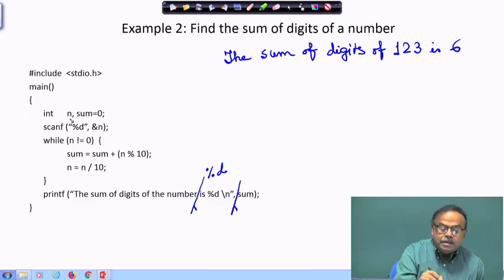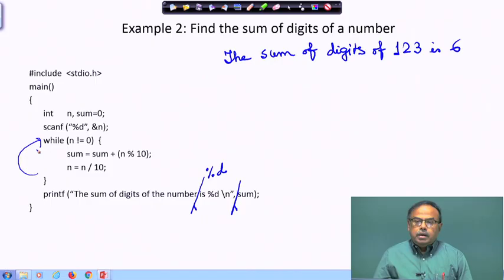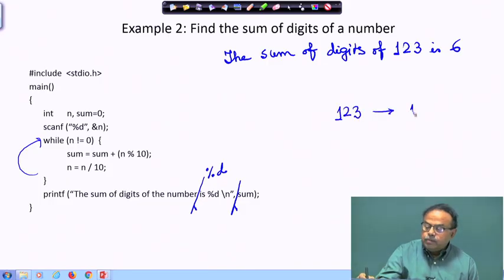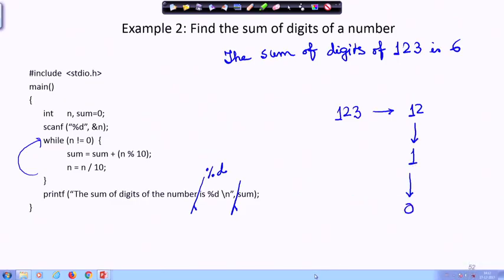My n that was provided by the user has already been destroyed in this loop. Because every time I am dividing it by 10 and making a new number, 123 is becoming 12 and then it is becoming 1, then it is becoming 0. So, I have to save it somewhere, this 123.